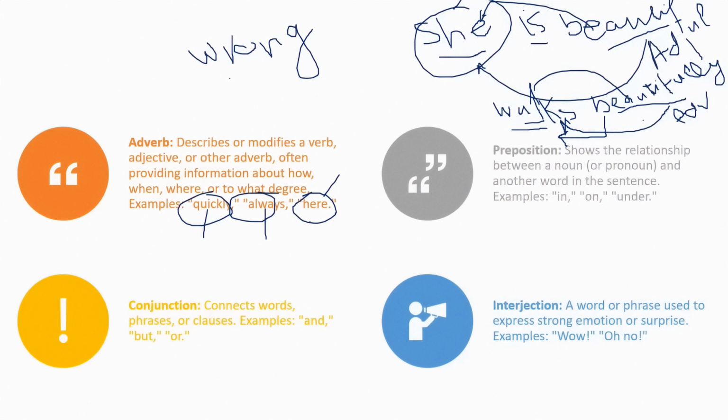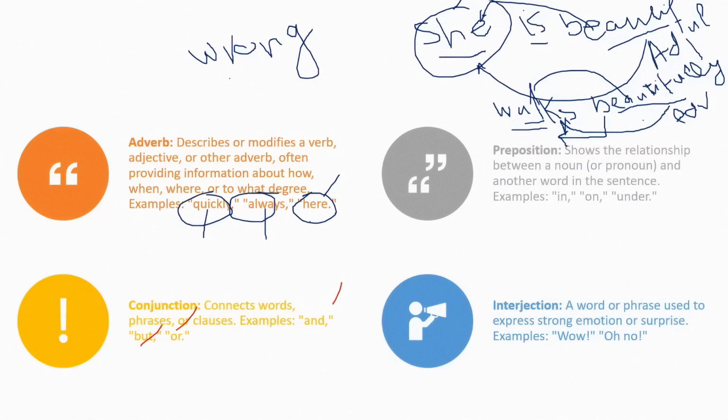Conjunctions. A conjunction is a word that connects phrases, clauses, or two sentences. For example, and, but, when, because, therefore. So these are conjunctions. They link two sentences. We come to university, we study. We come to university and study.